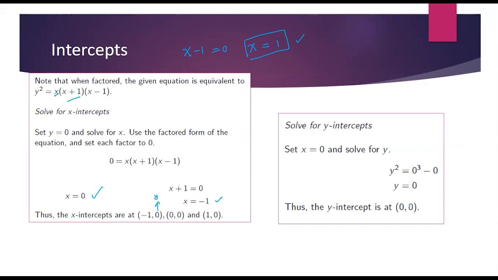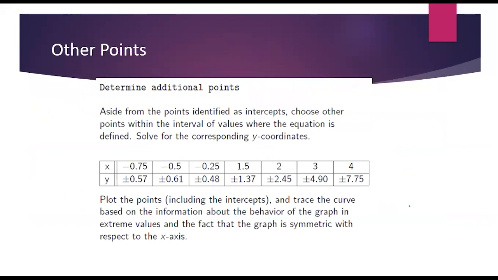And then you consider also the behavior when we plot the extreme points, and of course, we need additional points. If you set x to be equal to negative 0.75, you have two values, remember? We have plus and minus 0.57. So what is our equation again?